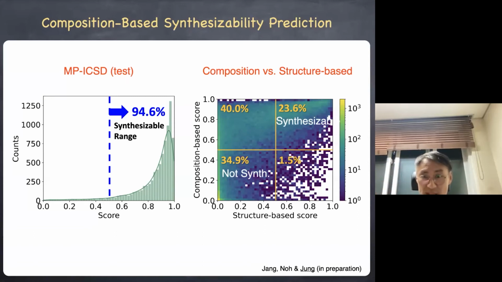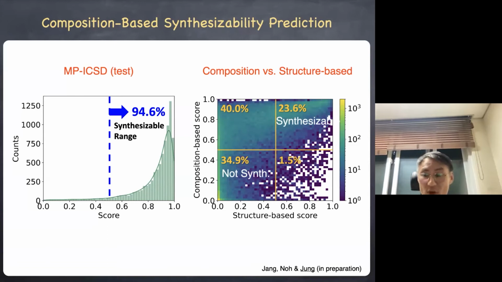In other words, this is the case where the structure-based synthesizability model predicts that they may not be synthesizable, but the composition-based model predicts them to be synthesizable. That means that given a composition, there may be different kinds of structures, namely polymorphs. So this 40% of this region strongly indicates that many of the compositions in the Materials Project may be polymorphs. They have not been found yet, but they may be synthesizable.